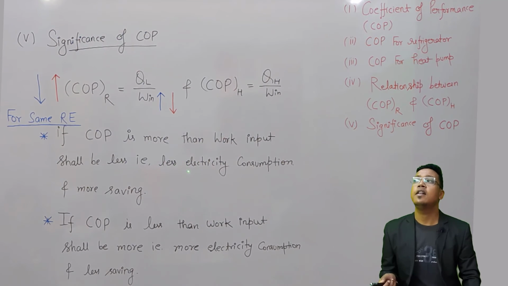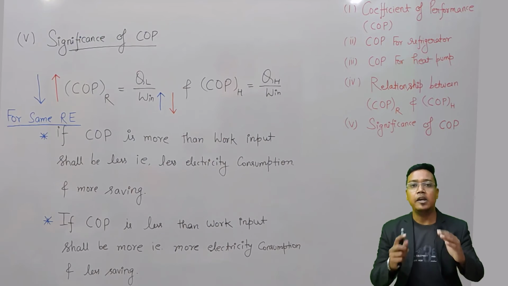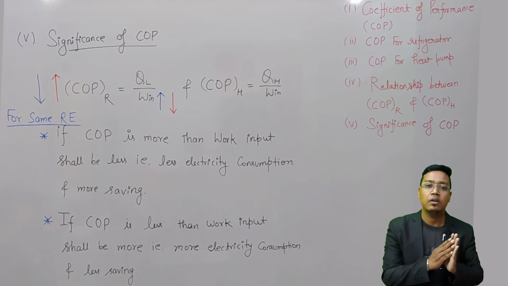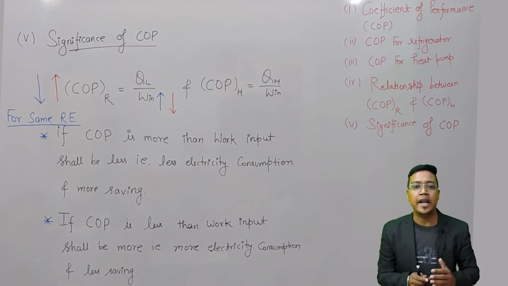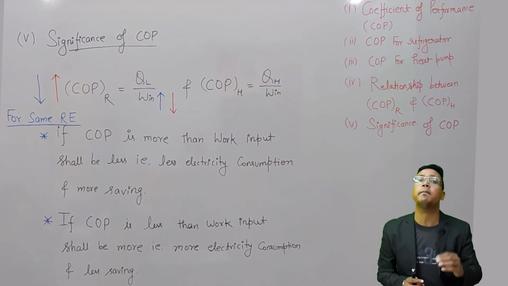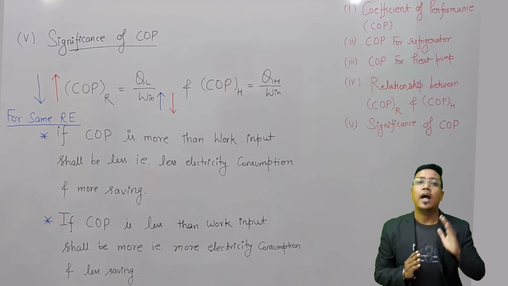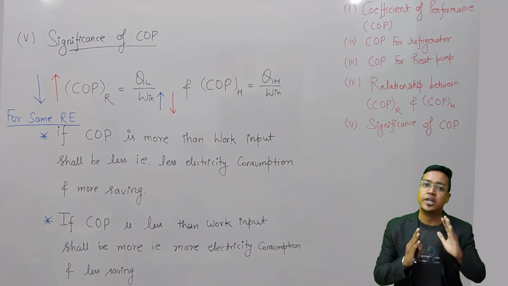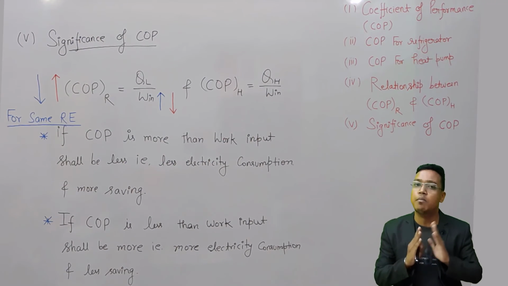That means less electricity consumption and more saving. If COP is very high, then work input to the refrigerating system is very less and electricity consumption is very less, means savings are more.